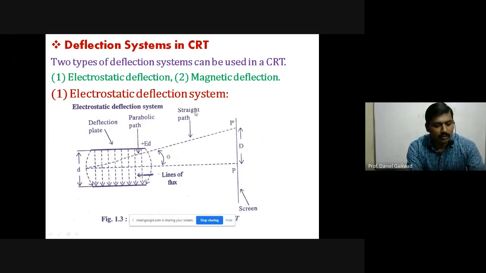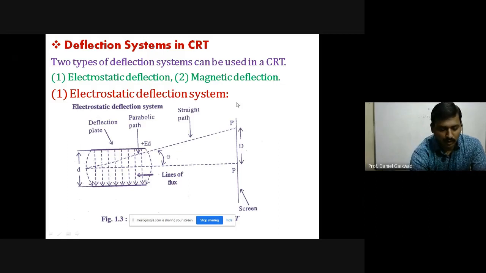Now the next topic in that chapter is the deflection system in CRT. Deflection systems in CRT are of two categories: electrostatic deflection and magnetic deflection.